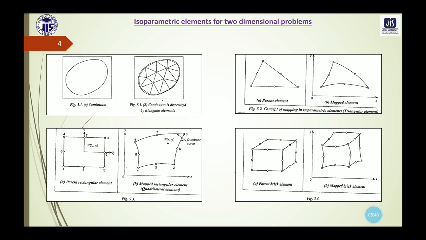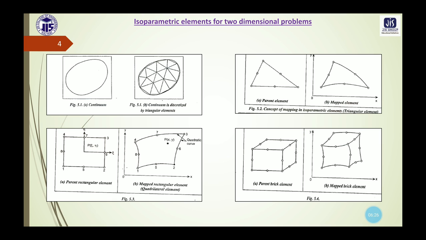Considering the triangular element, the parent element is a regular triangular element, but in the mapped element the sides are curved. In a similar manner, in figure 5.3 we can see the parent rectangular element, which is a regular rectangular element, and the mapped element, which is a quadrilateral element whose sides are actually curves. In a similar manner, in figure 5.4 we can see the parent brick element and the mapped brick element.